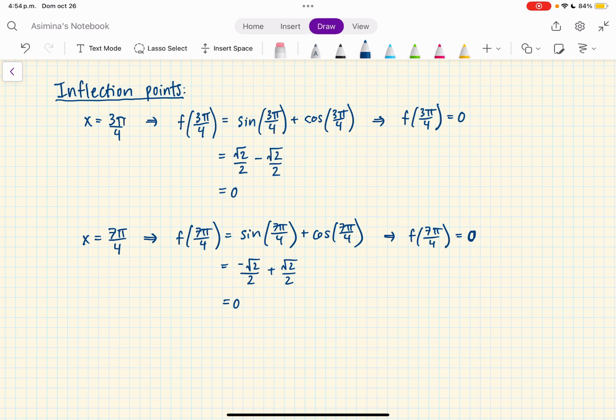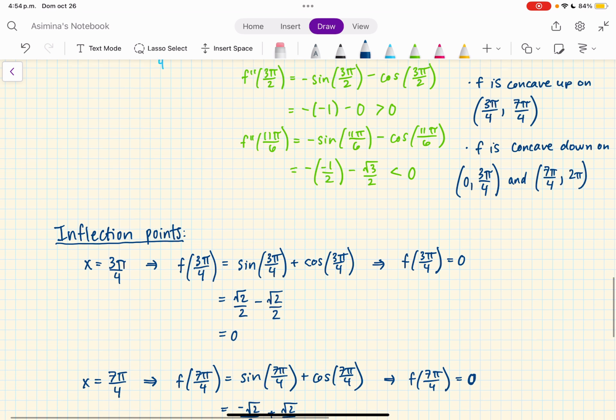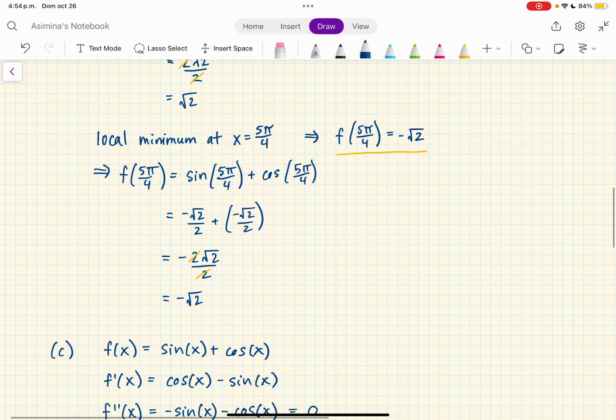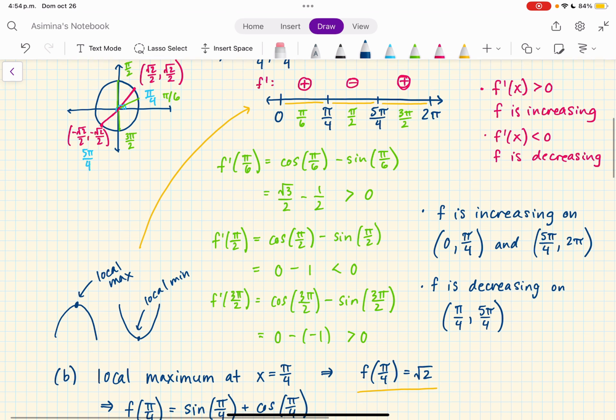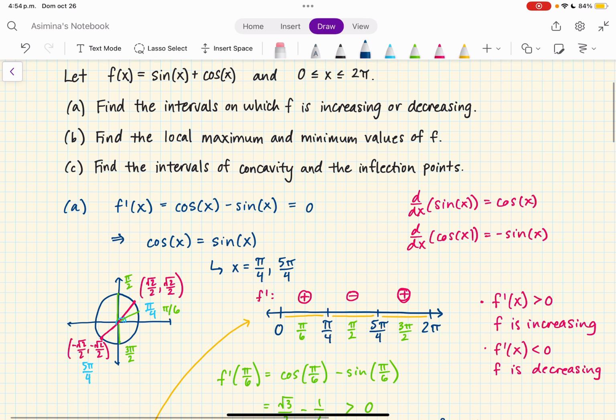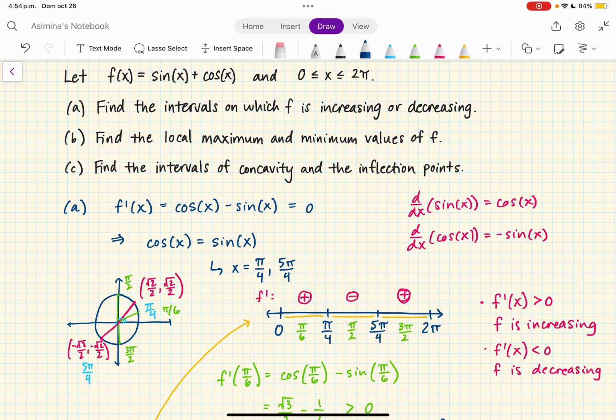And so now we basically found everything the problem was asking for. Can scroll back up to double check. It's a lot of work. Okay, so first find the intervals on which f is increasing or decreasing. So to do that, we find the first derivative of f, set it equal to 0, and find the critical numbers.